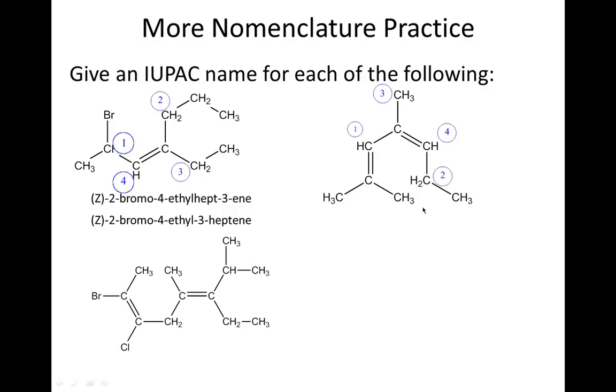On this guy over here, we don't need to do a geometry on this double bond because this is a situation where we have the same 2 things on the carbon, kind of like the big molecule we looked at earlier. So there's no geometry argument for that double bond, but this one we do need a geometry argument because we've got a hydrogen and a 2 carbon chain and a methyl, and then we have the rest of the molecule.